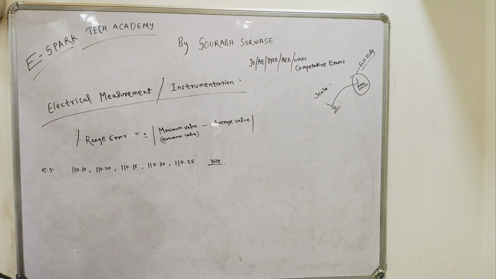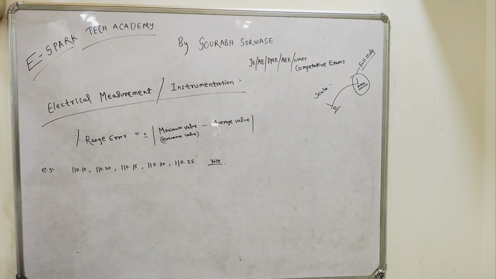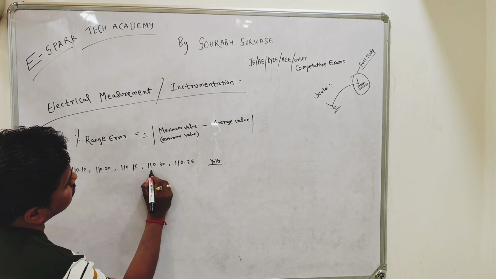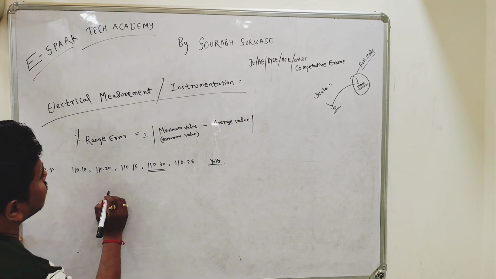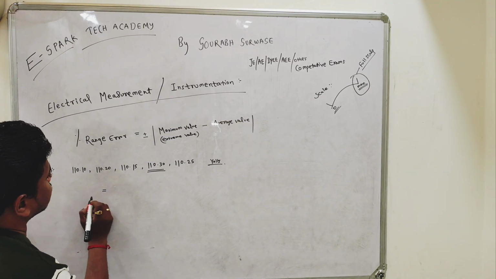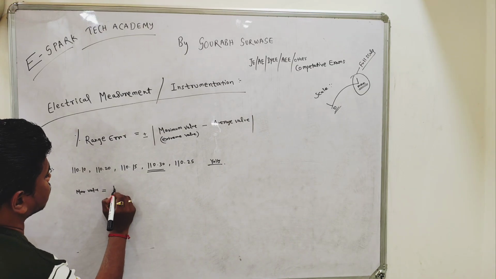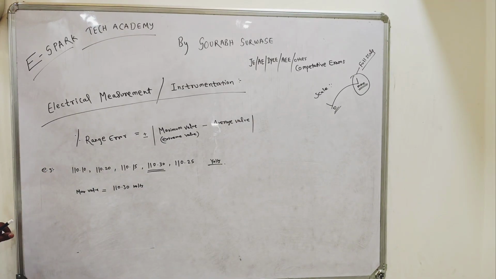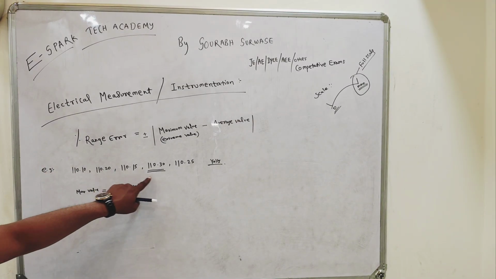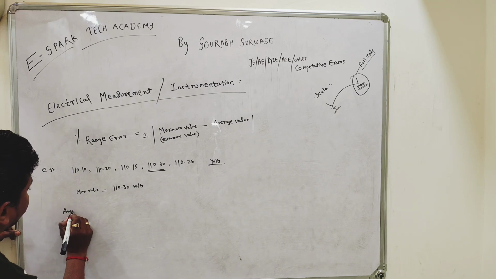Now first find out the maximum value from the given problem. The maximum value, if you look carefully, this is the maximum value. Then you will just note the max value first, 1103 volts. Now you will first calculate the average reading.